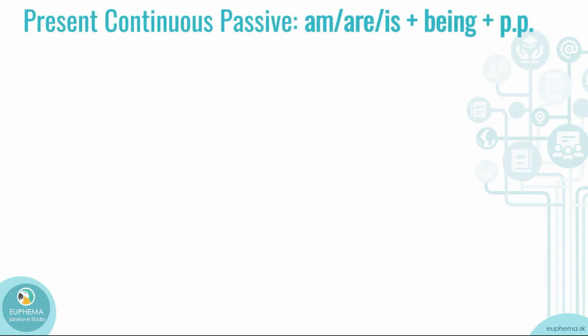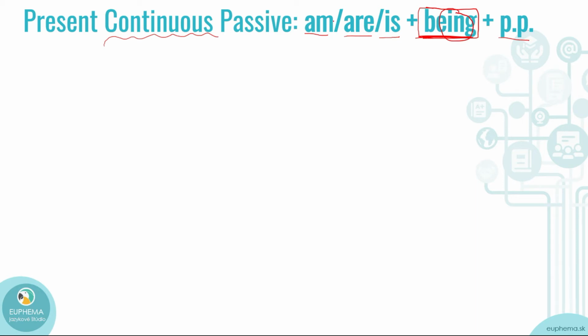For present continuous passive, you're gonna have to use not only am or are or is, but also this word being. This is new, plus past participle. Why being? Well, because it's present continuous, we're talking about an action that is happening right now. You need to put there this ing form. Okay?